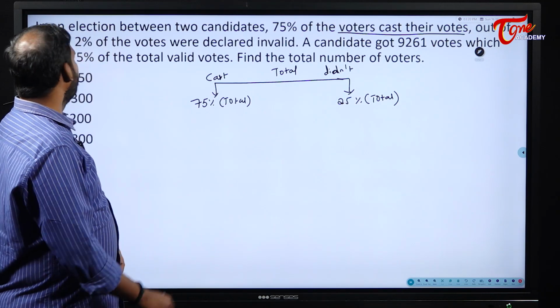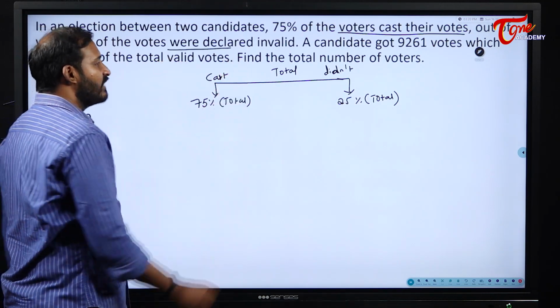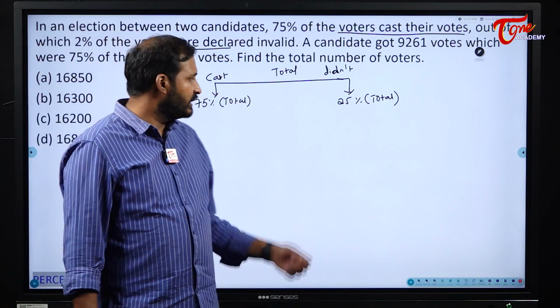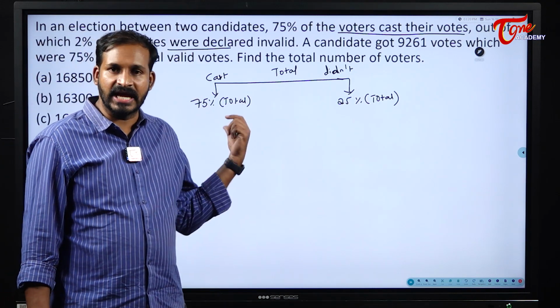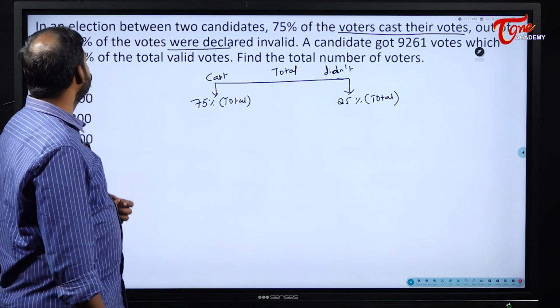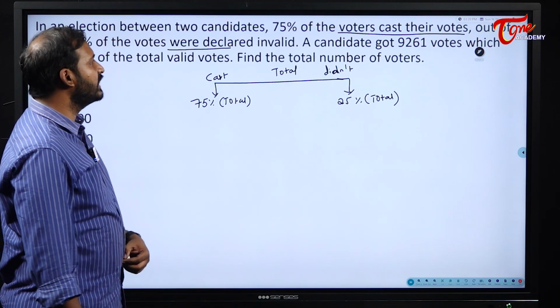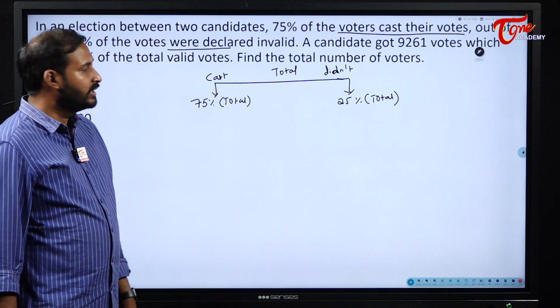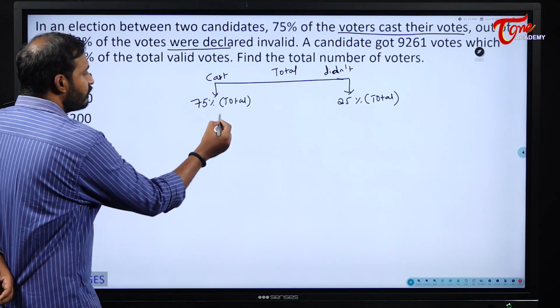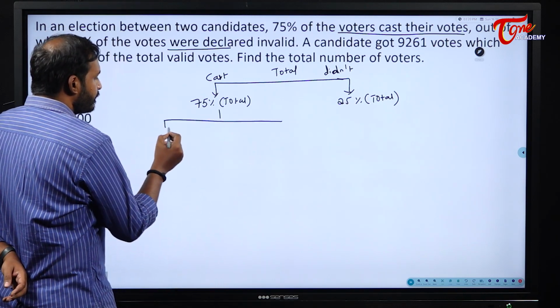Next, out of which 2% votes were declared invalid. So which votes will you declare invalid? Definitely not the total votes, right? So the cast votes only we will say, right? So out of the 75%, 2% of votes were declared invalid. Okay. So 2% of what? Cast votes. So here what we will write once again?